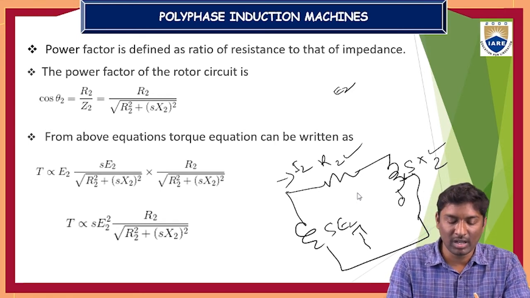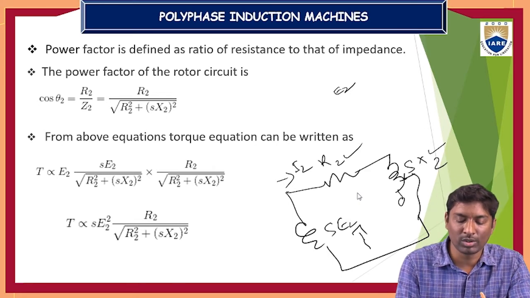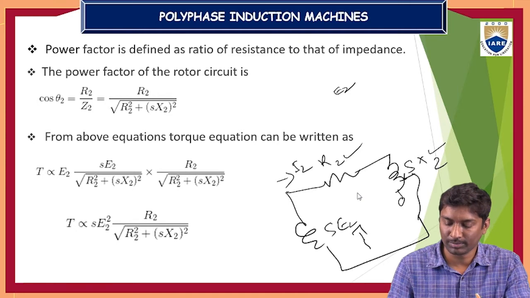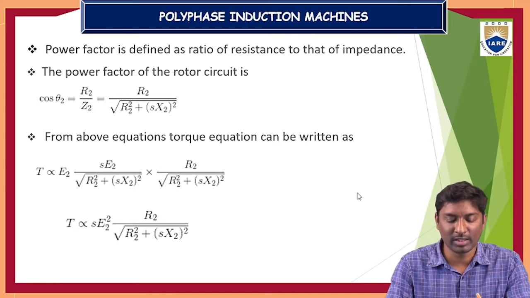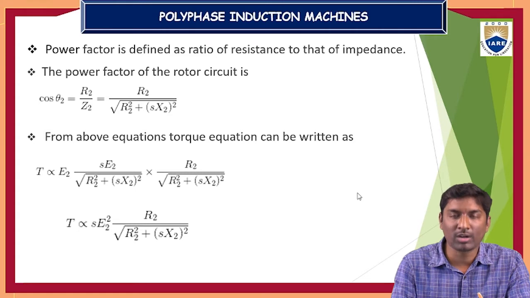So the power factor of the rotor circuit is cos phi 2 equal to R2 divided by Z2, that is R2 divided by the square root of R2 squared plus (S X2) squared.